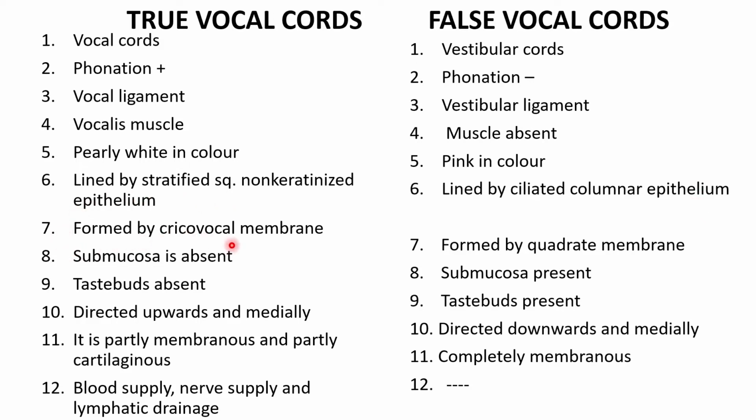The vocal fold is mainly formed by the membrane from below, that is the cricovocal membrane, whereas on the other hand, the vestibular fold is formed by the quadrate membrane from above.